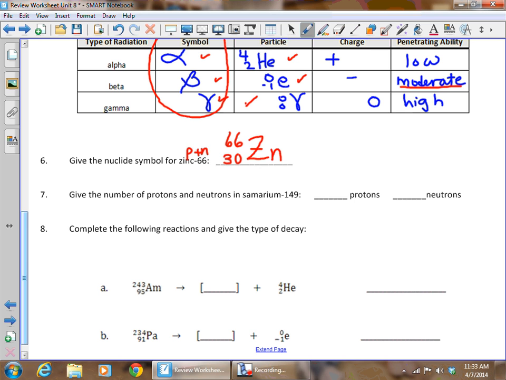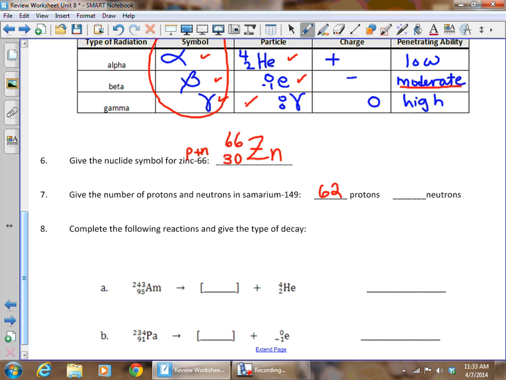Now, as far as the number of protons and neutrons in samarium 149, remember we're going to look up samarium. If you look up samarium on the periodic table, you'll notice that samarium is number 62. That means it has 62 protons.